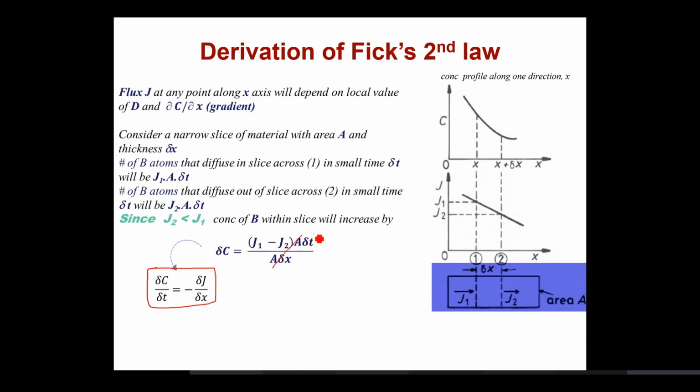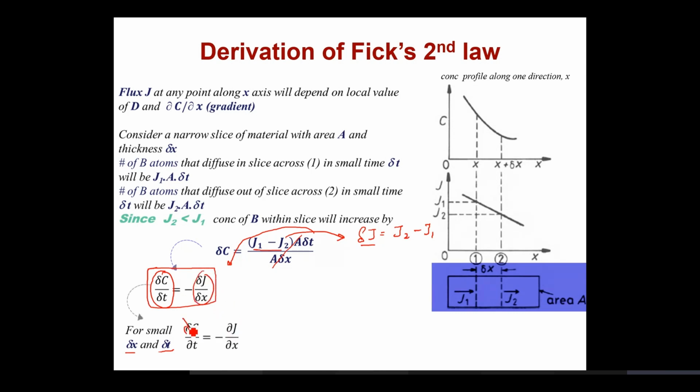Area essentially cancels out, delta T was brought over here, J1 minus J2. When we write it in the form of change, delta J is essentially J2 minus J1, so the negative sign comes outside, and you can represent it with delta J, a small change in J. Now when you have very small changes in X and T, small changes in distance and small changes in time, you can represent these expressions in differential form.